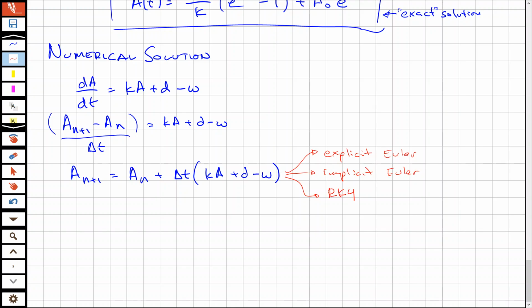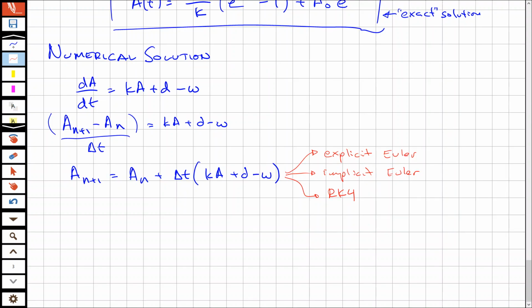Now, again, if you think about this problem, it actually doesn't make sense to choose one of these because your bank doesn't say, hey, I wonder how much money you'll have in the future. They just look at what you have now. So for this example, it doesn't really make sense for us to use anything but the explicit Euler. And so that's going to be based on what money you have here.